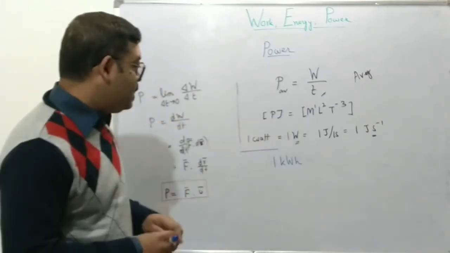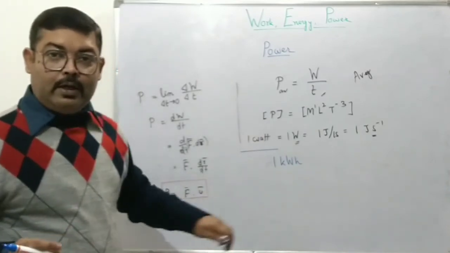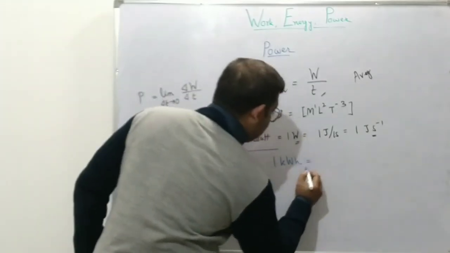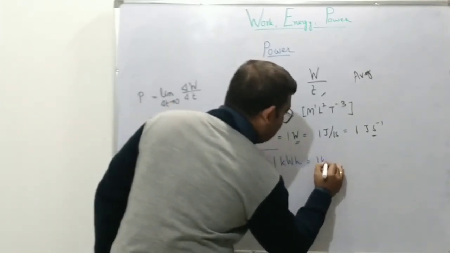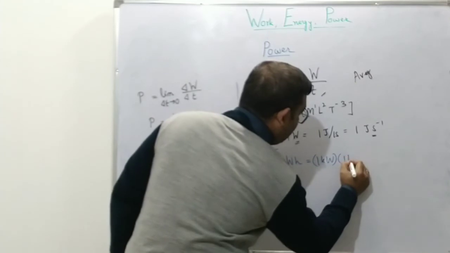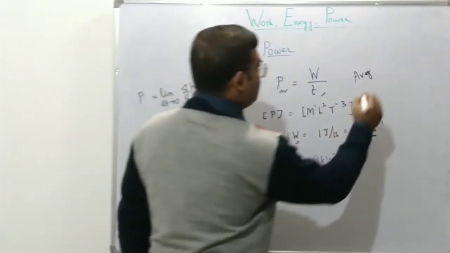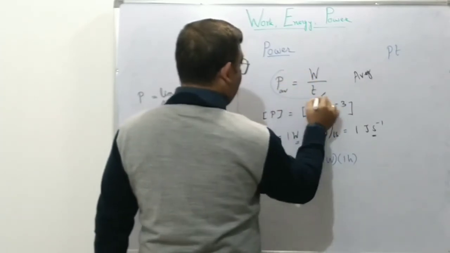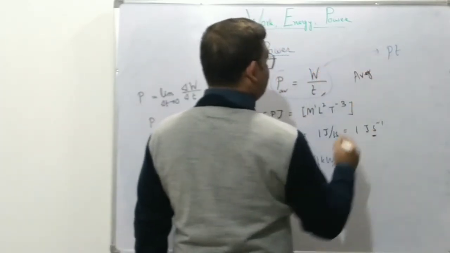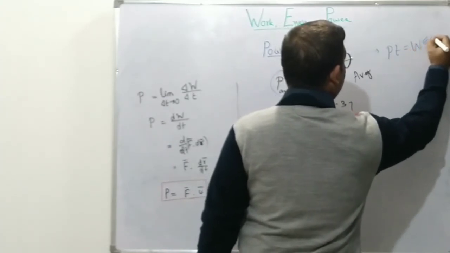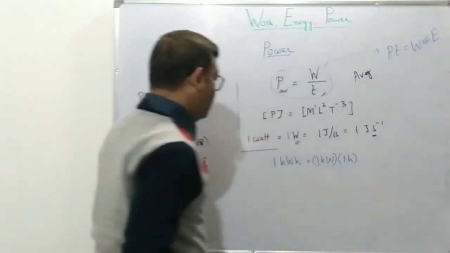However, please understand whether it's a unit of power or not. Let's see what it is. It is equal to 1 kilowatt multiplied by 1 hour, which is power multiplied by time. If you look at it from this expression, this must be equal to W, or this is equivalent to energy.